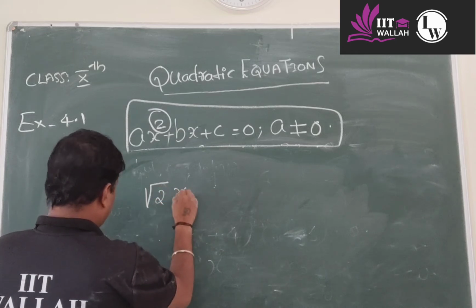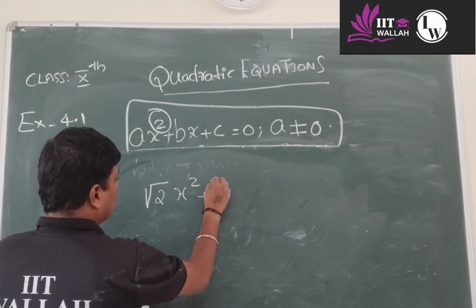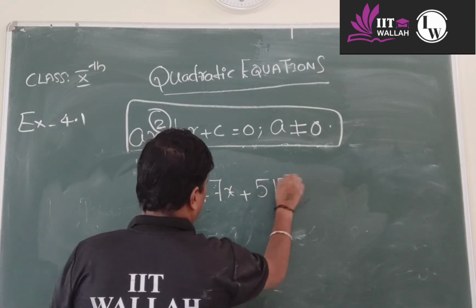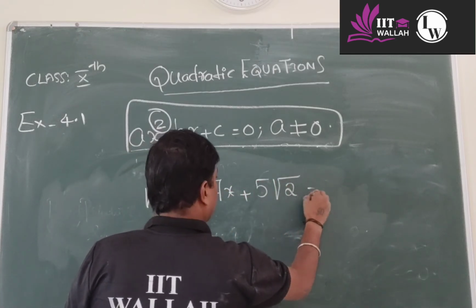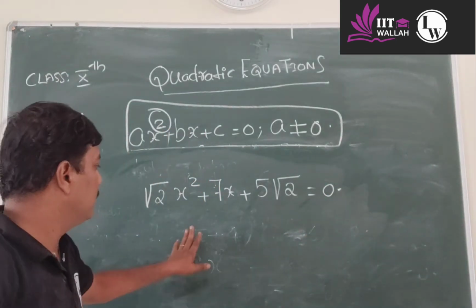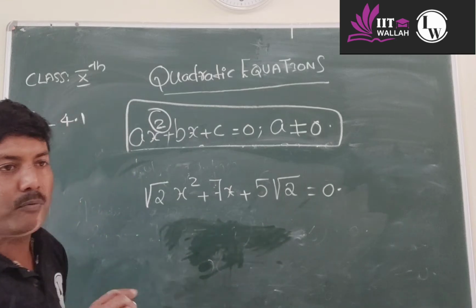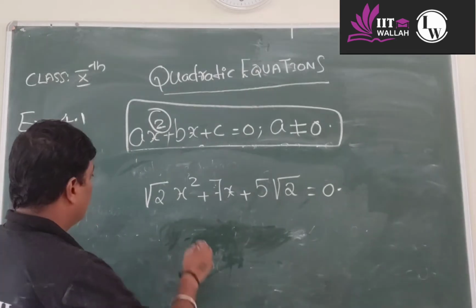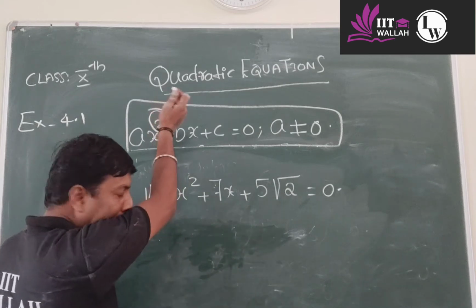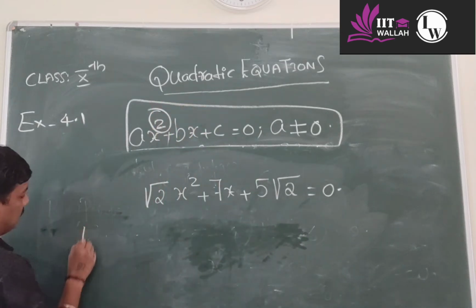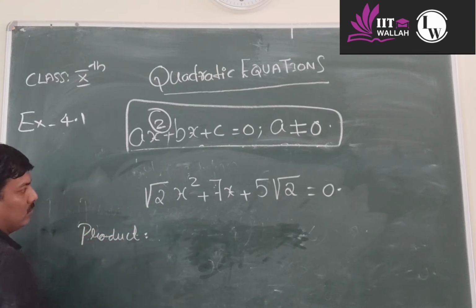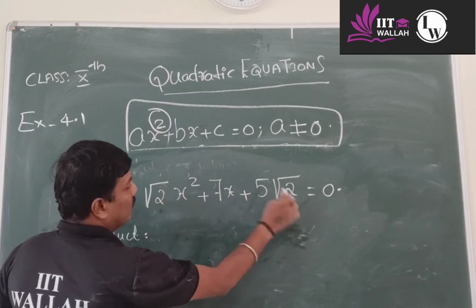Root 2 x square plus 7x plus 5 root 2 is equal to 0. Okay, this one we need to solve. Here the product is equal to this into this.